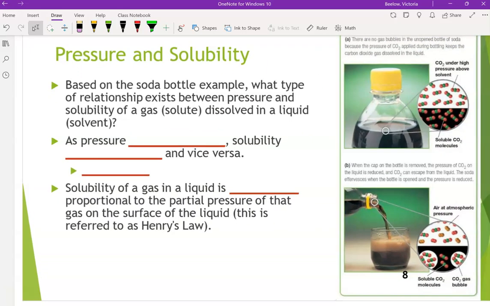So what type of relationship is this? Well, as pressure increases, when the pressure is really high, when the can or the bottle is closed, that means that the solubility is also really high and increases.